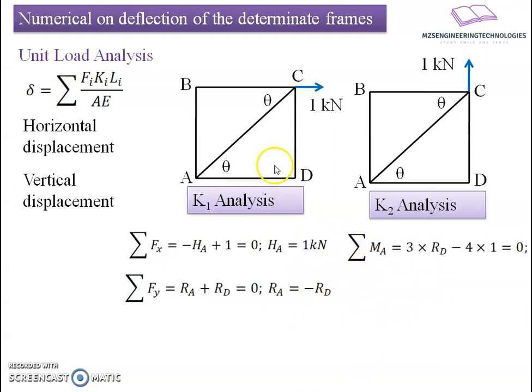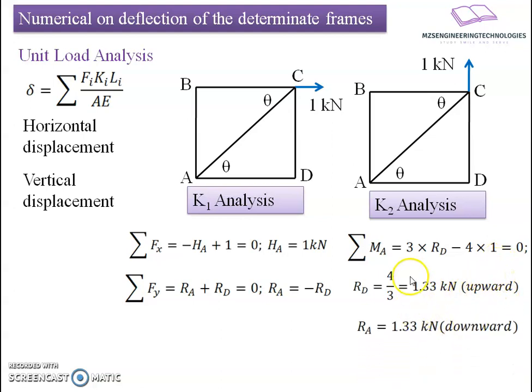Now if I apply summation of moment about joint A, 1 into 3 is the twist, 1 into 4 is the twist created by the unit force, and 3 into RD is the twist created by the reactive force. It results in RD equals 4 by 3, which comes to 1.33 kilonewton going upward. Then RA will be opposite to that, 1.33 kilonewton going downwards.